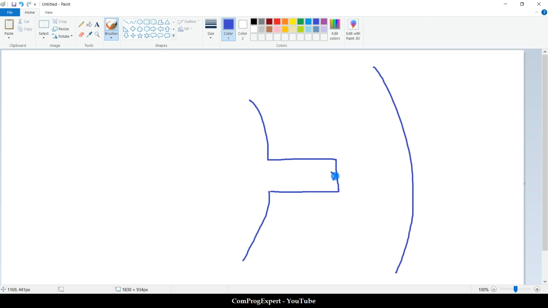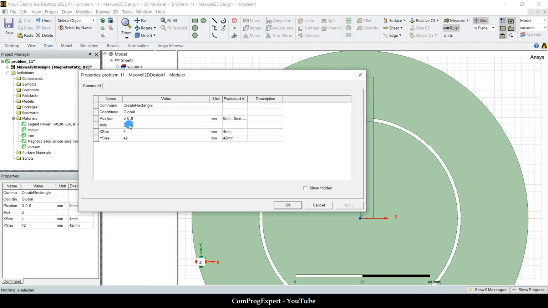What is important is the depth of this slot and the width. This is the width of a stator slot and this is the depth of a stator slot. So here in parameters, I write the x position equal to minus width of the stator slot divided by 2.